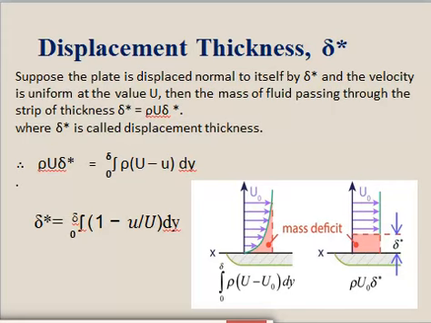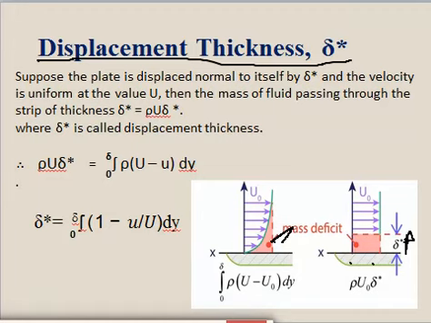But as per the definition we had already defined, this reduction should be equal to the reduction in mass flow rate that would be caused by moving this plate in the y direction, that means by moving the plate by a distance equal to the displacement thickness del star.